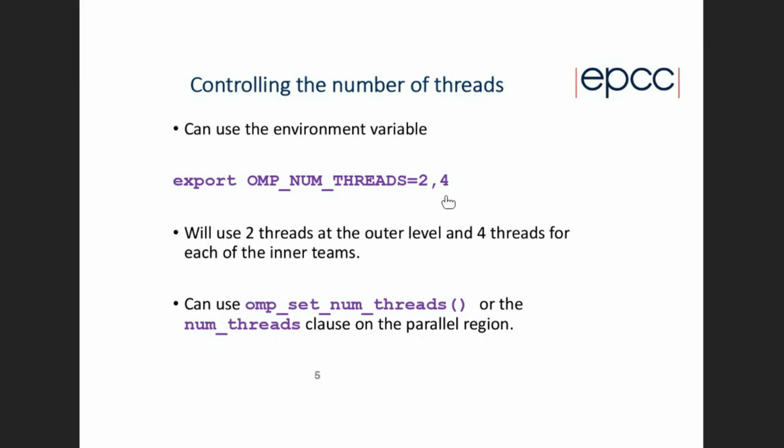This specifies how many threads at the outer level, then how many threads at the next level down, and I can keep going with more levels if I want to. If I say 2,4 here, then that will use 2 threads at the outer level, and then 4 threads for each of the inner teams.